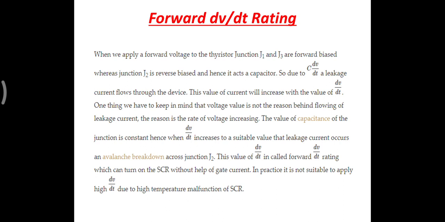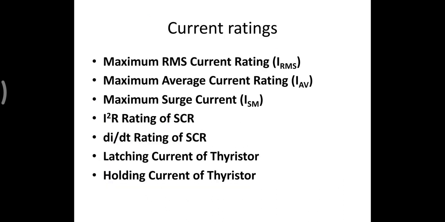So this dV/dt rating must also be within limits. Why? Because if there is a high dV/dt rating, there is a high increase in temperature. So to overcome this problem, this dV/dt rating will be kept within limits. Okay? So this is about voltage ratings.